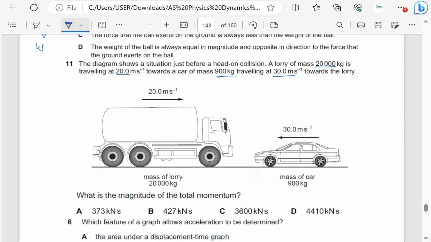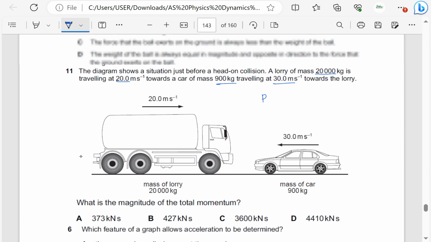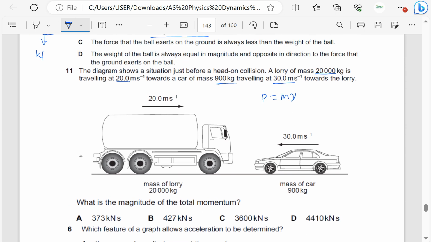So since we know that momentum is mass times velocity, velocity to the right is positive, to the left negative. So the total momentum is going to be, for the first one, 20,000 times its speed, which is 20, plus for the other one, negative 900 times 30, because it is in the opposite direction. That's why I put a negative here.